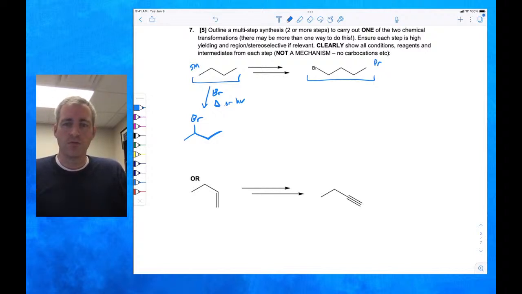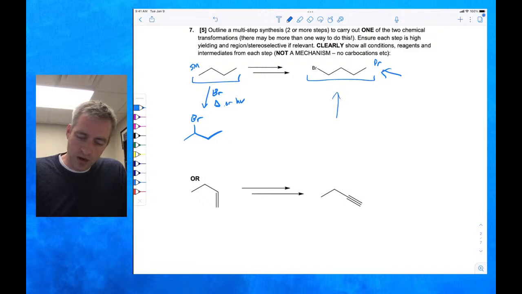And that kind of reverse process is called retrosynthetic analysis. So when I look at this product molecule right here, what I think of is, if it's a 1-bromo, maybe that came from an alkene that we added HBr to.